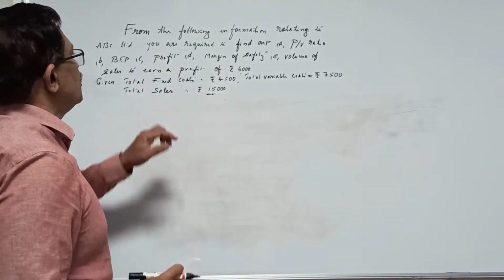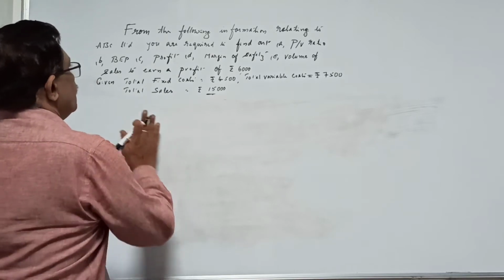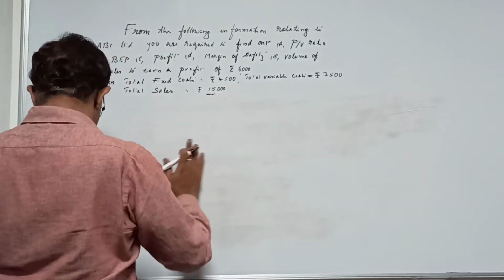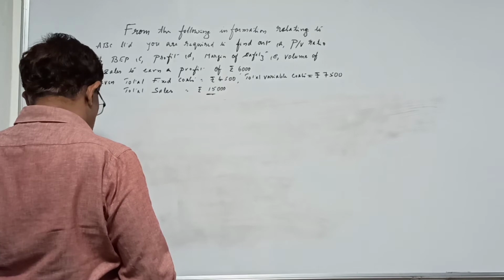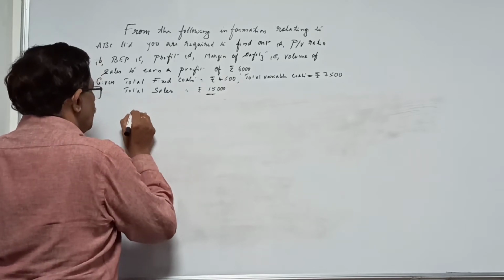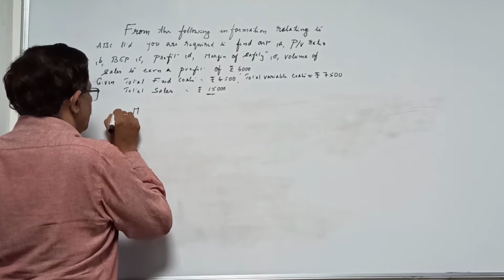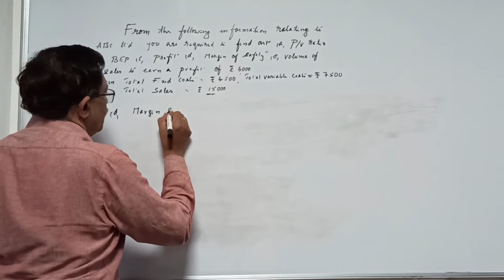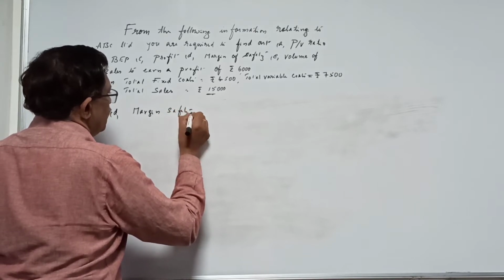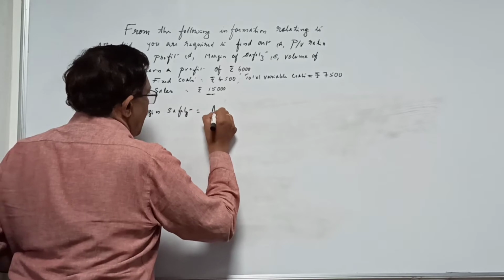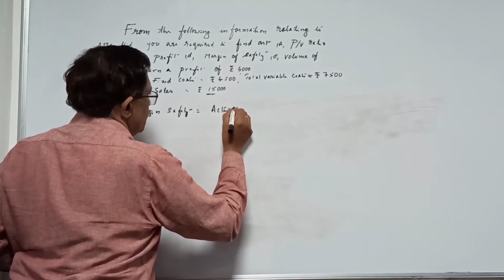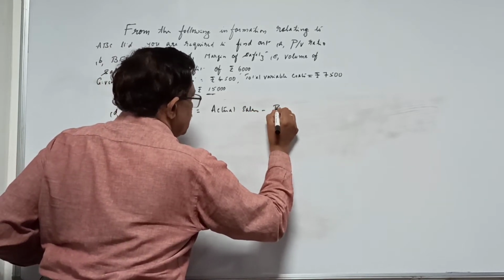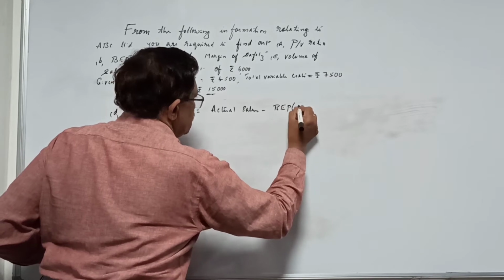He is asking us to find out the margin of safety. What is margin of safety? Margin of safety is nothing but actual sales minus break-even point sales.